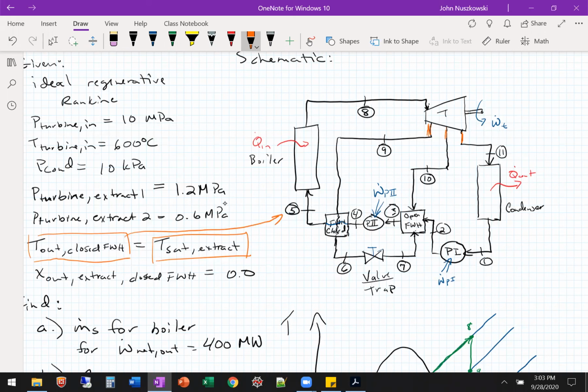And then the saturated temperature of the extracted steam is talking about 6 or 9, you can say. Okay. And then here we have the quality out of the extracted closed water heater is 0 quality. So this one's all talking about 6 also, okay, that we have 0 quality.